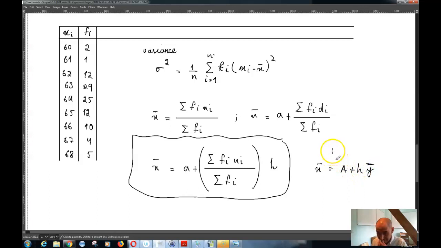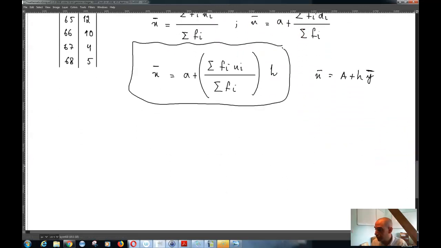And then instead of writing sigma squared as this formula, we came up with another formula for variance, which was sigma of the variable x, or the standard deviation of the variable x.